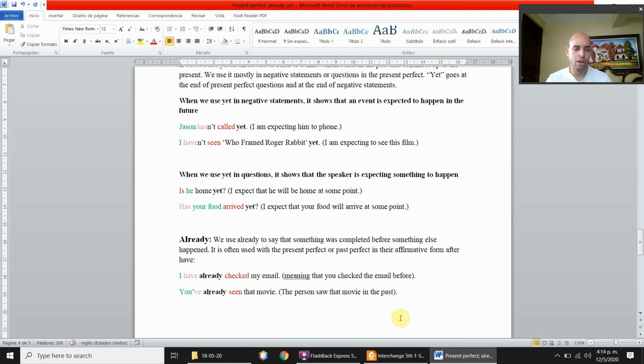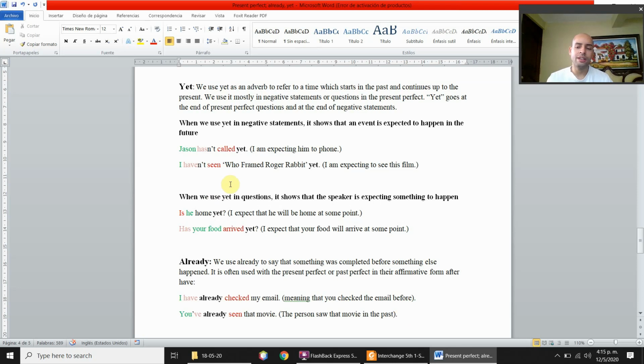And so now let's see a brief explanation of yet and already. We use yet as an adverb to refer to a time which starts in the past and continues until the present, until the moment you are speaking.